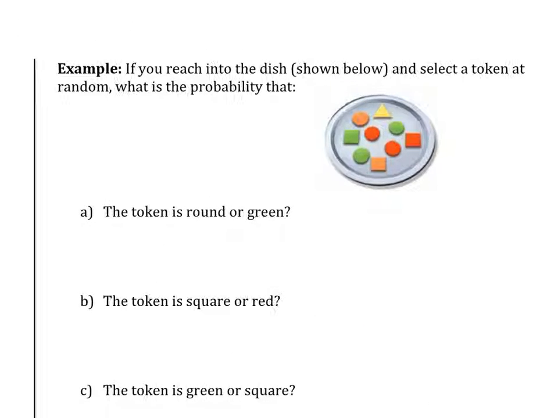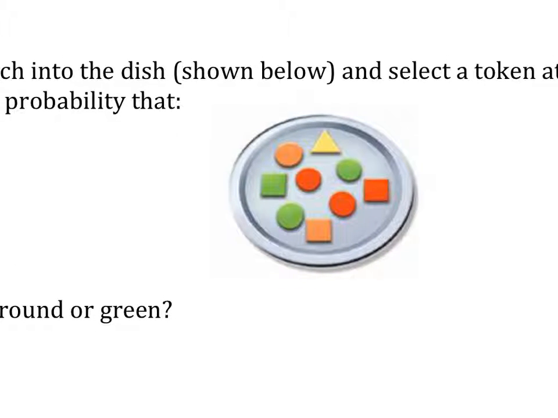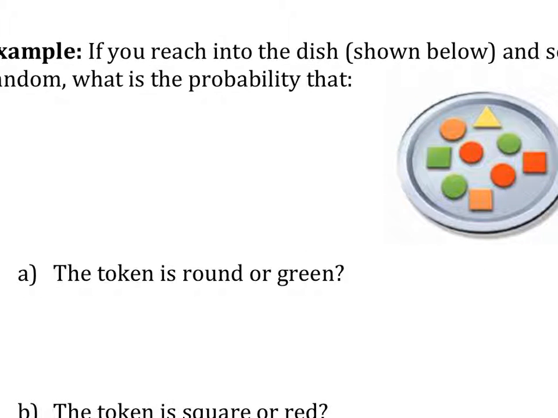All right, let's look at this. You have this dish, and you have all these colors and shapes mixed together in this dish. So let's look at the first one. What is the probability that you pick something that is round or green? First of all, when you see or, what does it tell you to do?